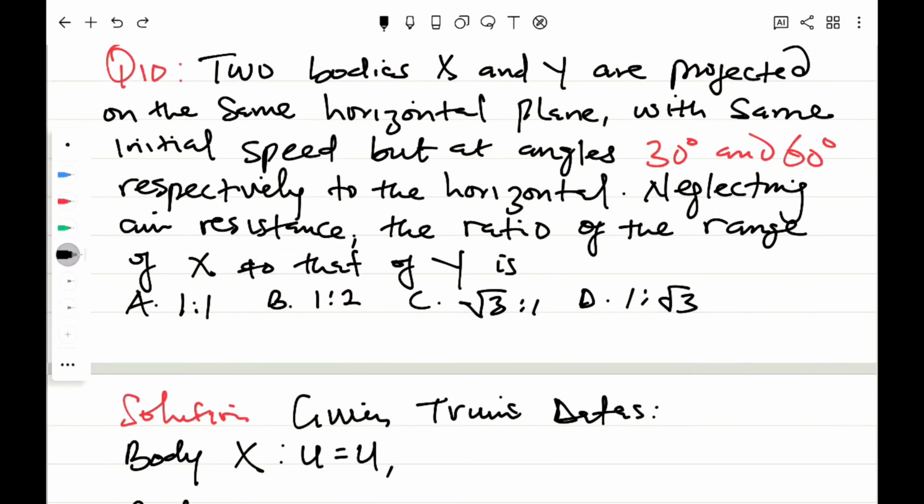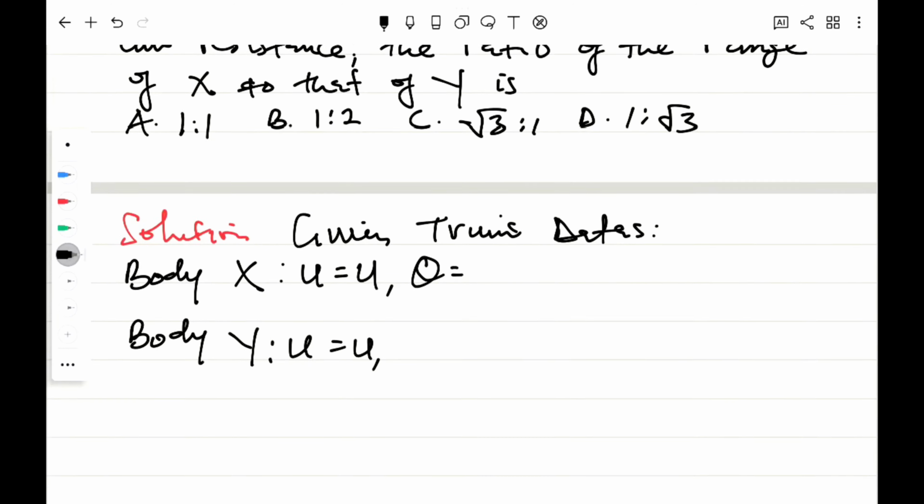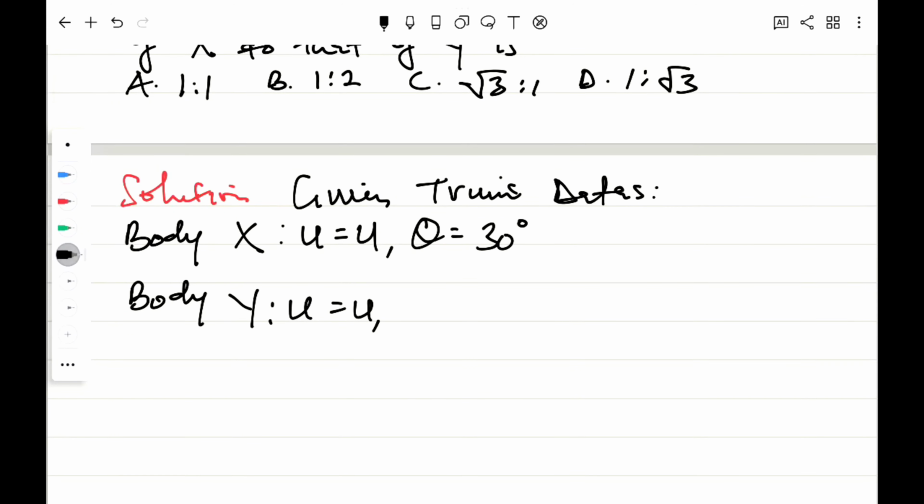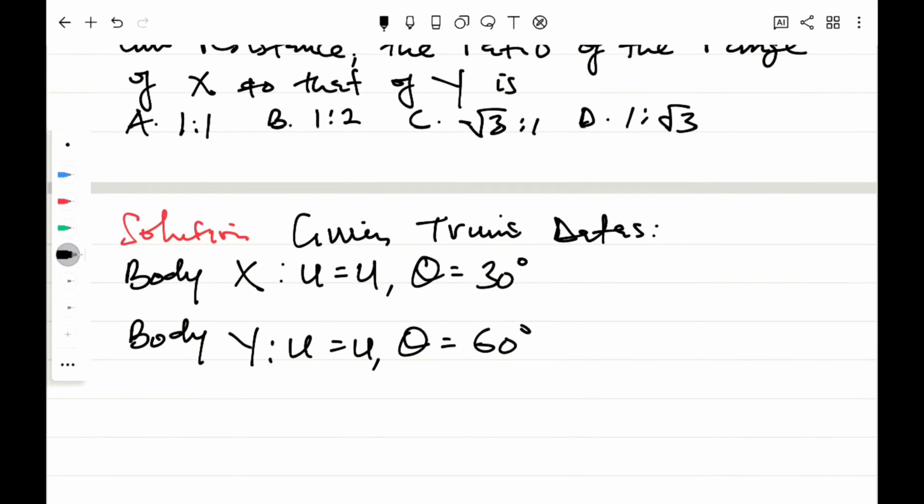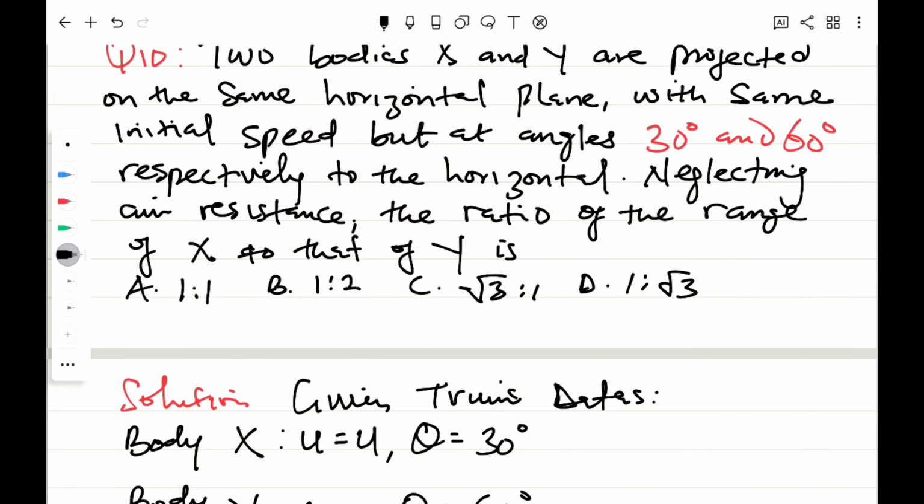We're going to use that to substitute. Then our theta is equal to 30 degrees and 60 degrees respectively. Is that clear? Then the next data given to us, we are to neglect resistance.